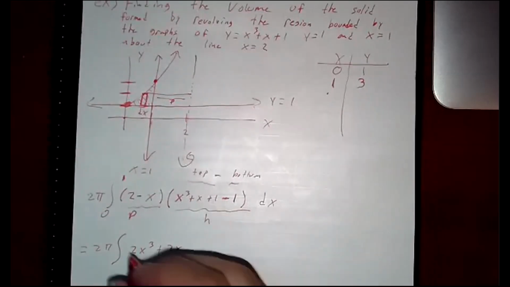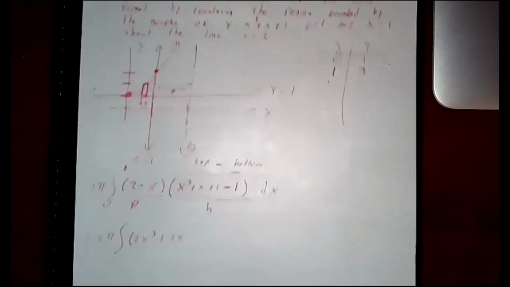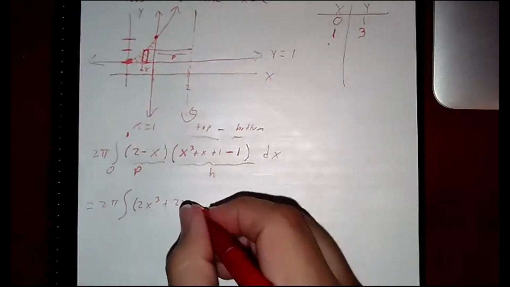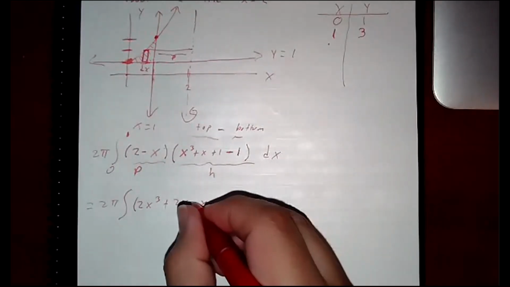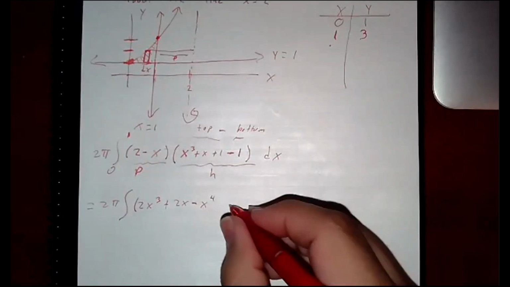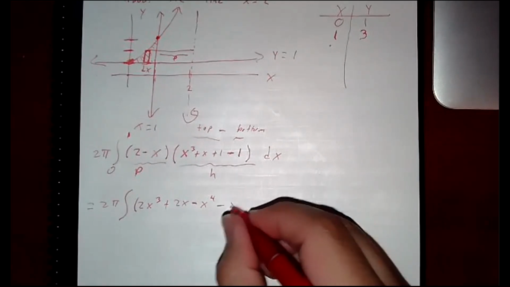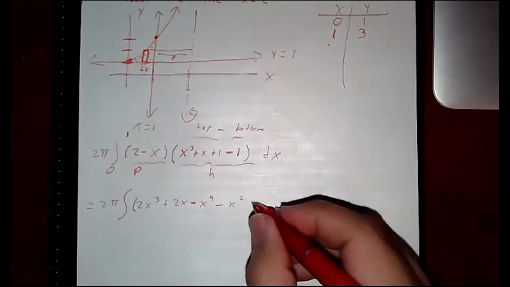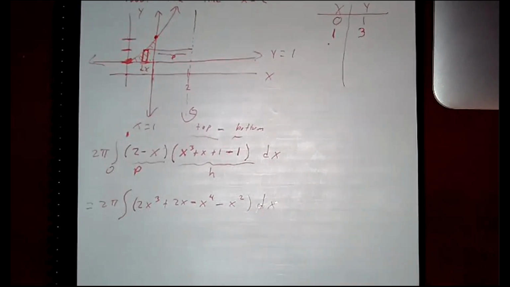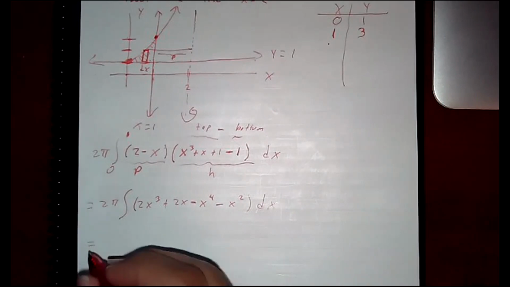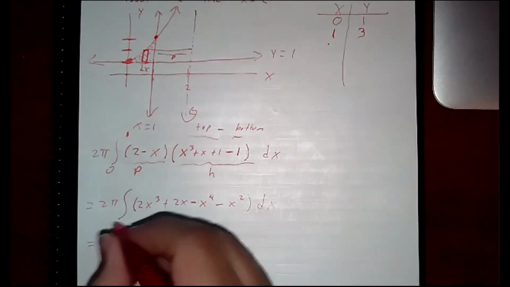And then minus x^4 minus x squared dx. So integrate all this stuff from 0 to 1.